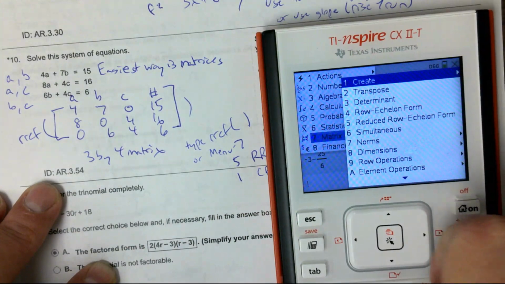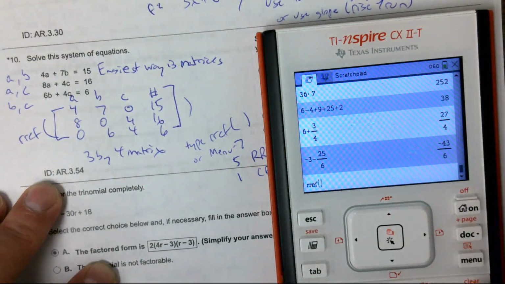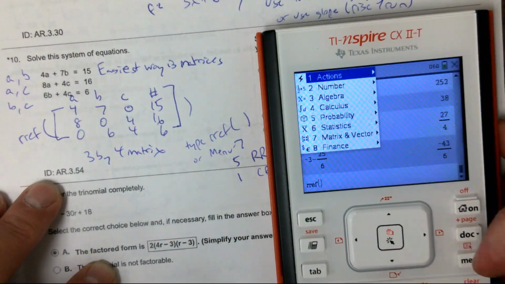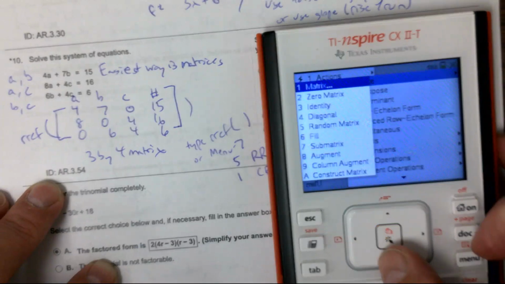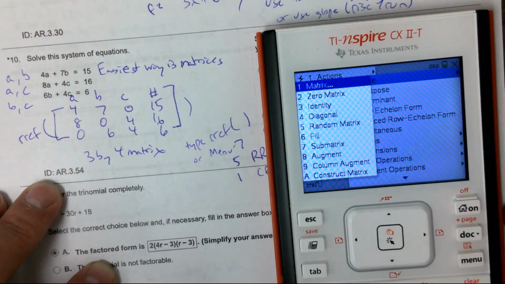Okay, so do 5, and then do menu 7, 1. Do 1 for matrix.